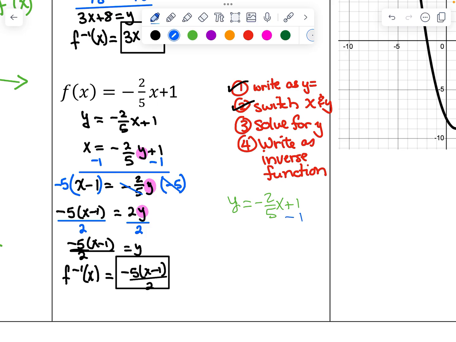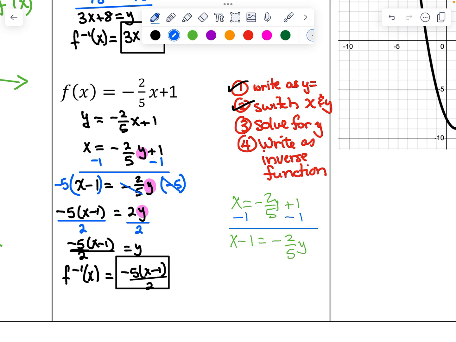Whoops, forgot to change my x's and y's. This is x, and this is y. Subtract 1. That's going to give me x minus 1 is equal to negative 2/5 y.